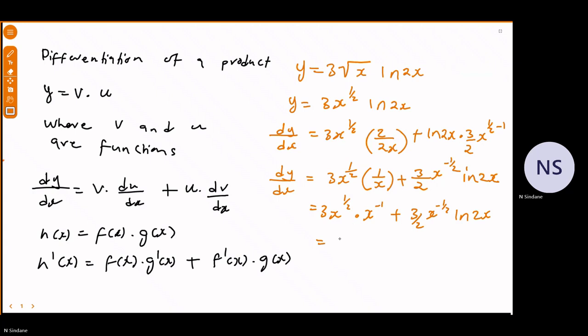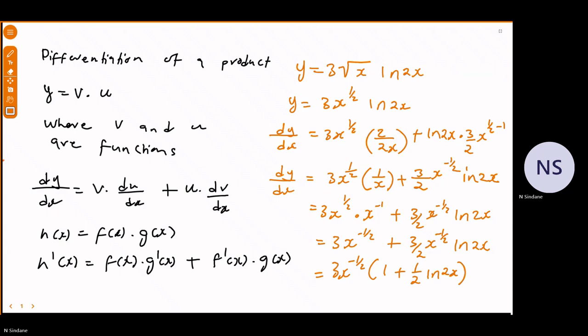This gives 3x to the power negative half plus 3 over 2 x to the power negative half ln of 2x. Taking out the common factor, I have 3x to the power negative half into 1 plus 1 over 2 ln of 2x.